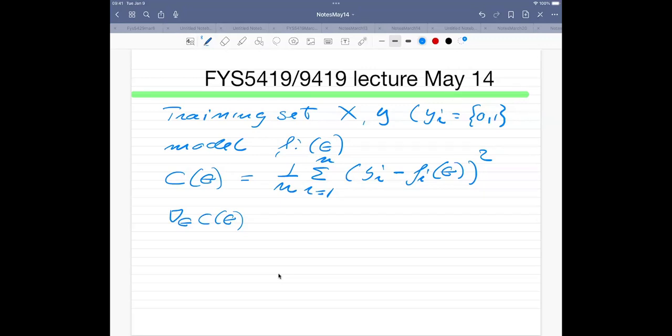Now, if you do that, what you would have then is that this gradient becomes simply minus, if you have a half, the sum from I equal 1 up to n, and then you obviously have y of I minus f of I of theta, and this is then multiplied with the gradient of f of I of theta.